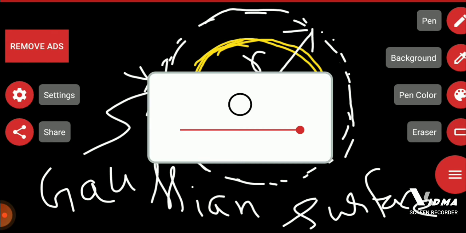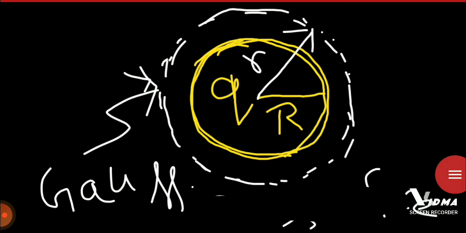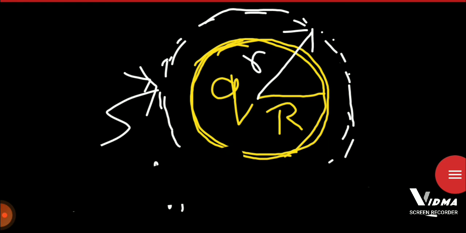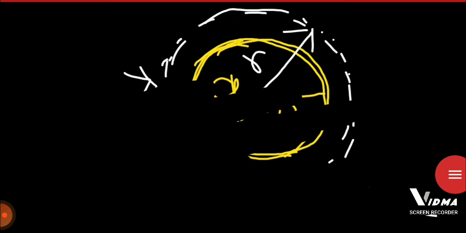First erase it. The Gauss's law formula was what I have written previously: closed loop integration E dot dS, that is the electric flux, equals q enclosed by epsilon naught.